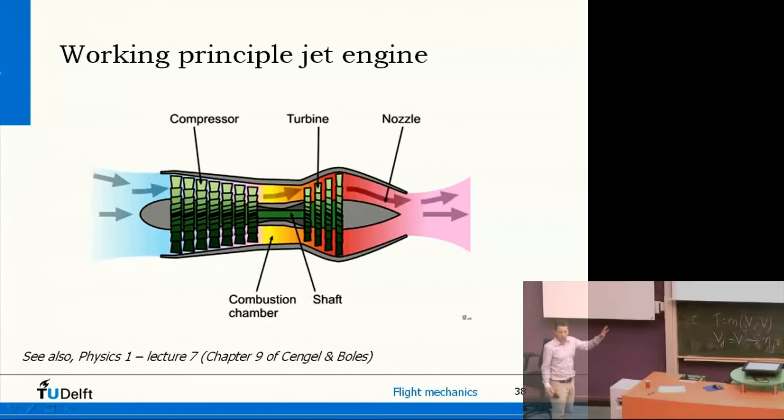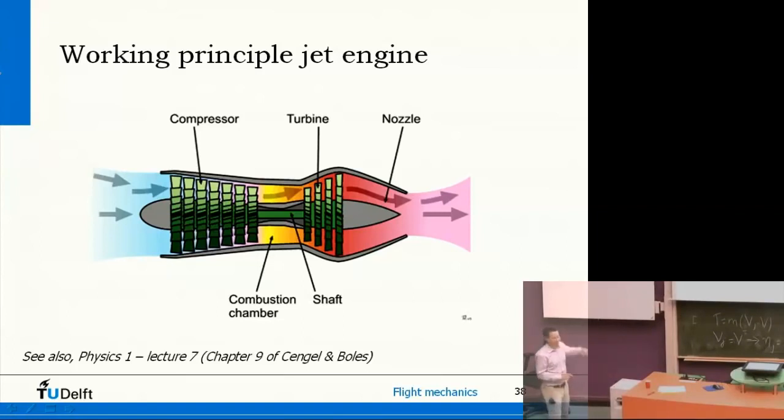So air comes in and then it sees this engine, so it gradually has to reduce the speed, and when it does so it compresses a little bit. So the pressure increases a little bit in front of the engine. Then it's going inside the first bit, which is a compressor. So these green discs, actually one green disc is rotating and the next disc is standing still, and then another one is rotating again.